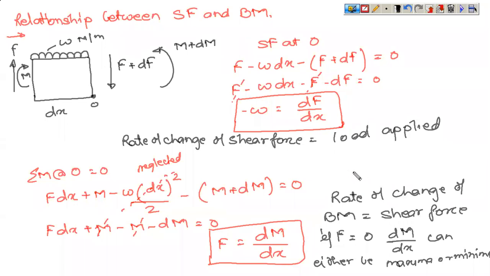Because if it is minima, minima will be in a position where there are supports. So at supports, shear force is equal to 0. It is understood. The other option is it will be somewhere where the bending moment is maximum. So if F is equal to 0, it will be maxima only. It will not be a state of minimum.